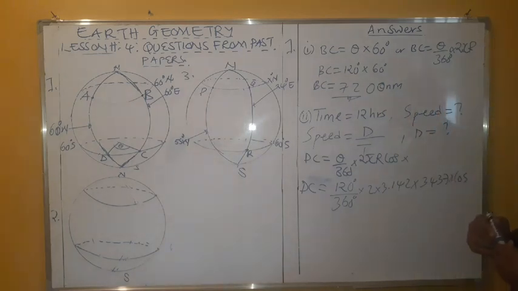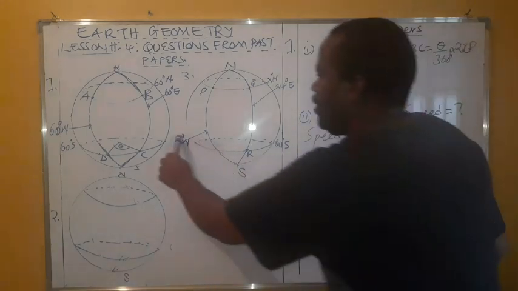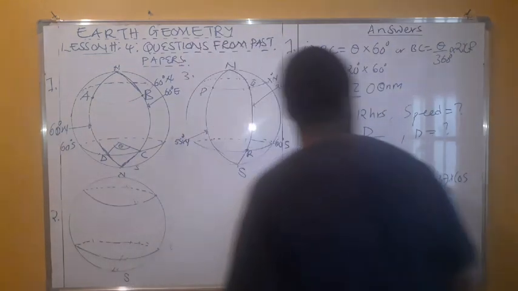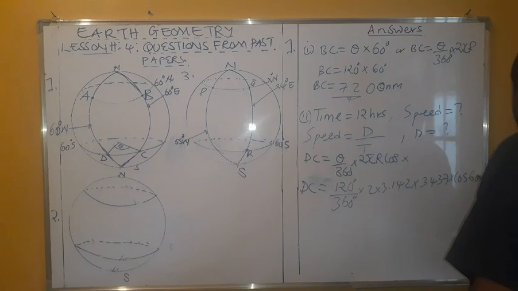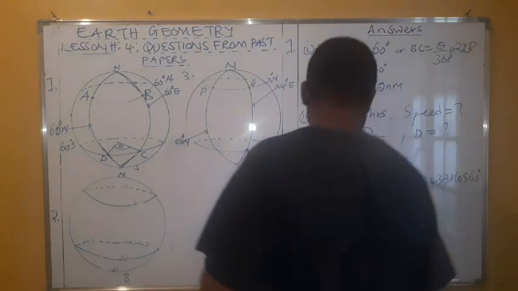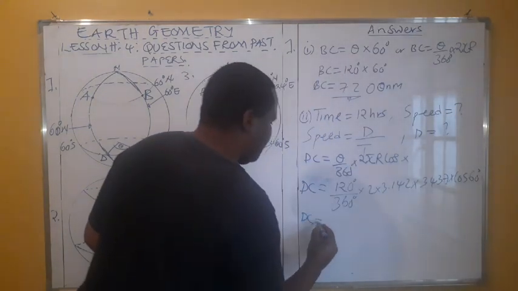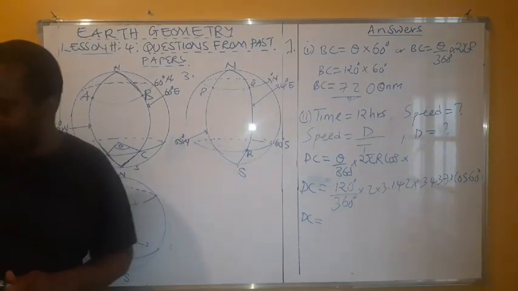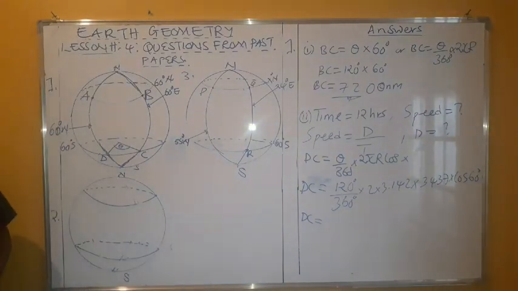What is the angle of latitude here? The latitude here is 60 degrees. So you're going to say cos 60. You have to punch this in and see the kind of answer that you are going to get.